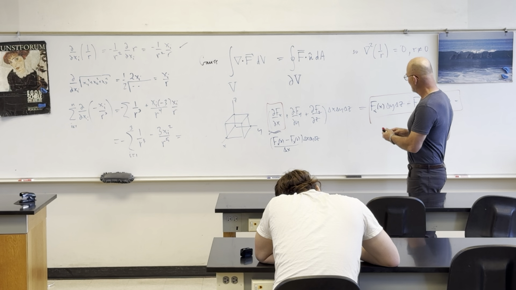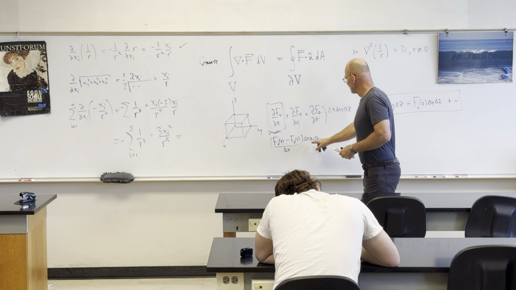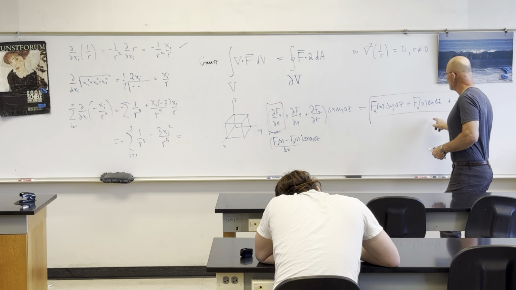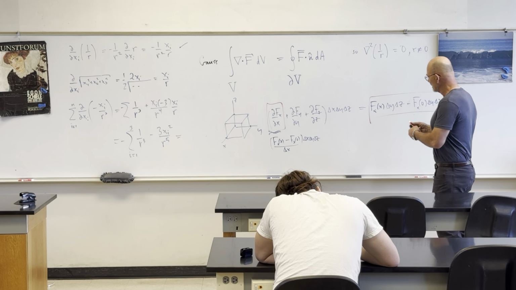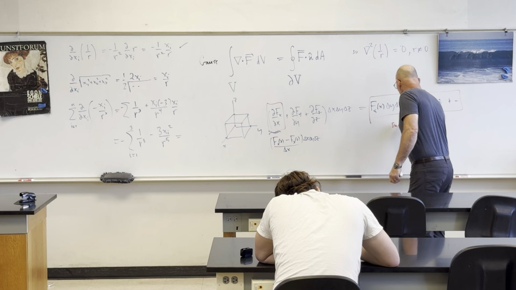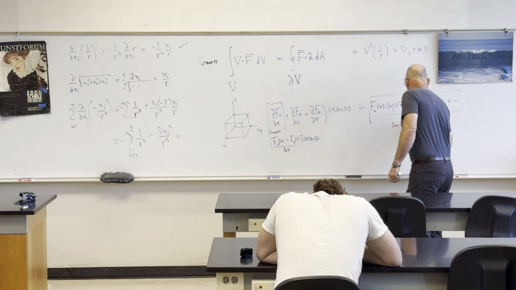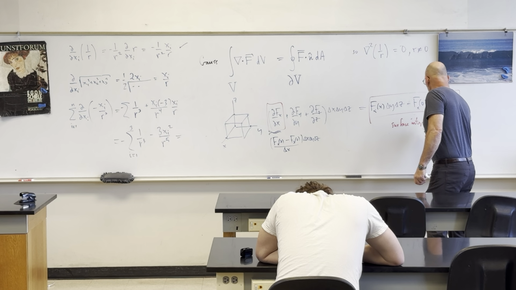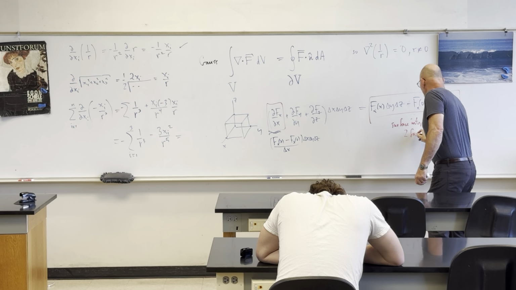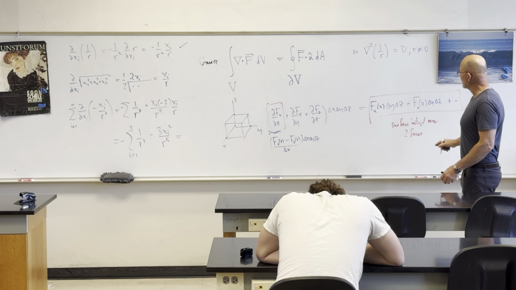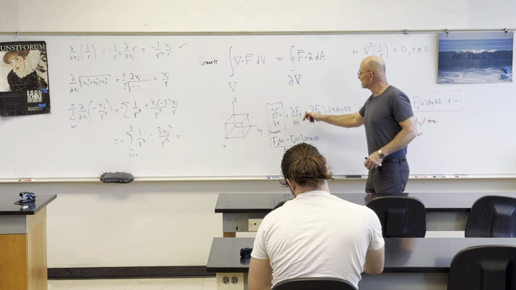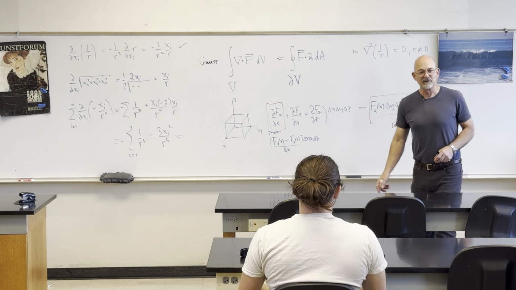You see when I canceled the delta x, I was just left with these two. And this was the surface integral over two faces, and you have two more expressions like this, and you got the whole thing. Okay, I rest my case. So that's the meaning of Gauss's integral theorem.